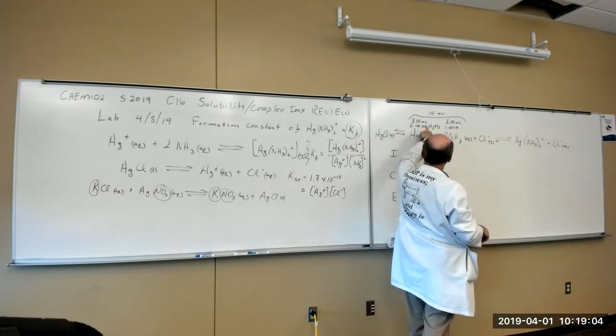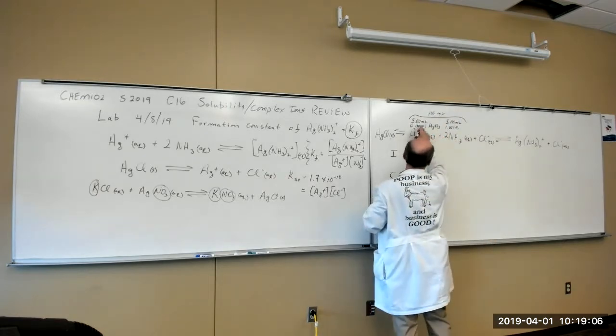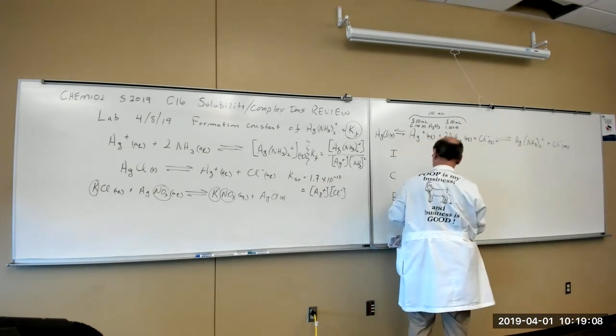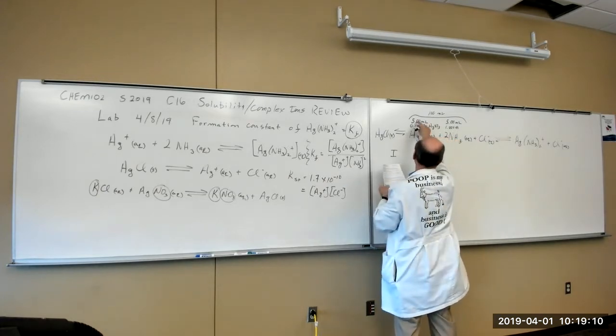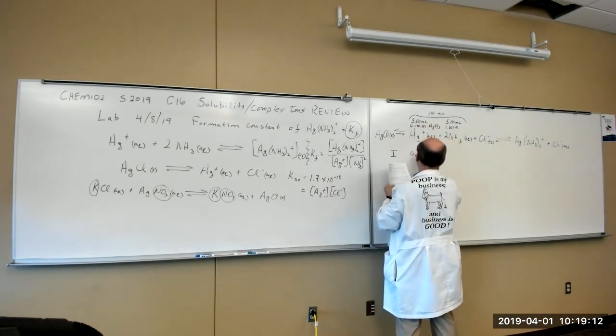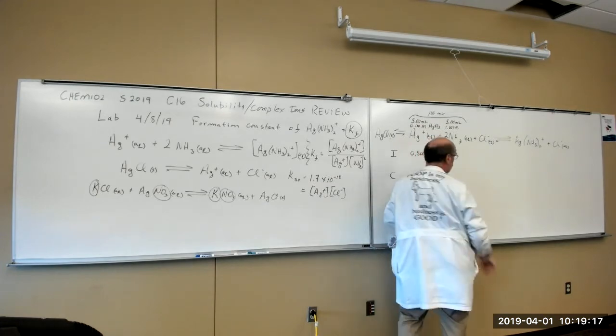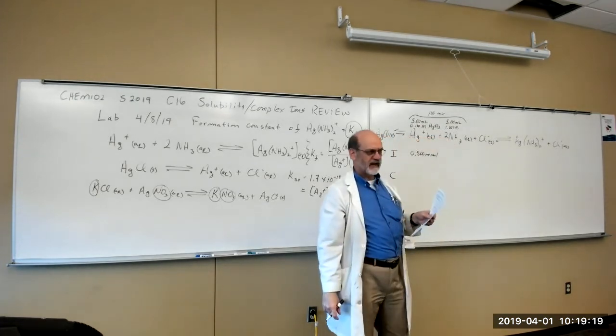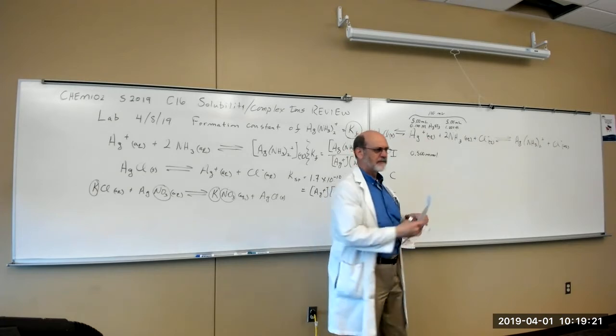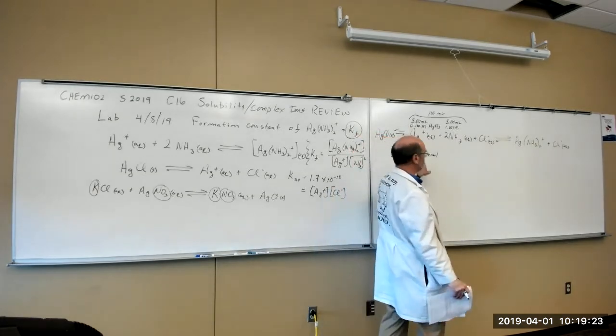Right now, we want to find out what does this represent. So we're starting here with 0.1 times 5 is 0.5 millimoles. Did I explain that one to you last time? Milliliters times molar is millimoles.